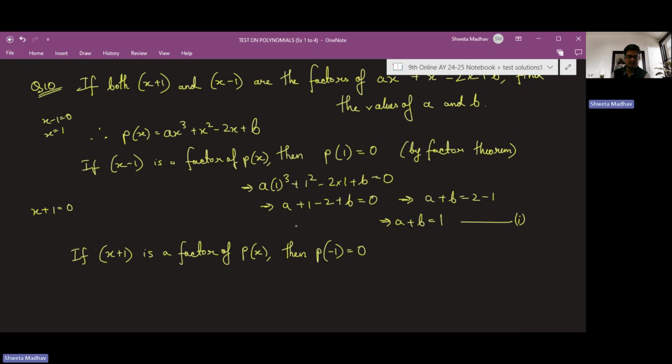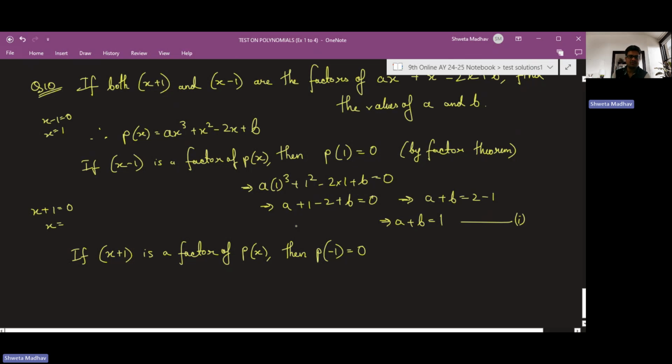Okay, so if x plus 1 is a factor of p of x, then p of minus 1 will be equal to 0. So here, if I equate x plus 1 to 0, then x will be equal to minus 1. So p of minus 1 will be 0.